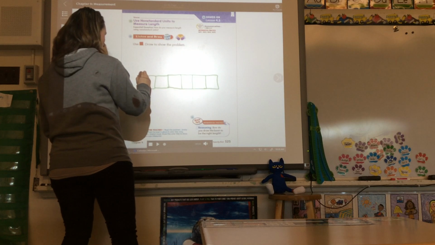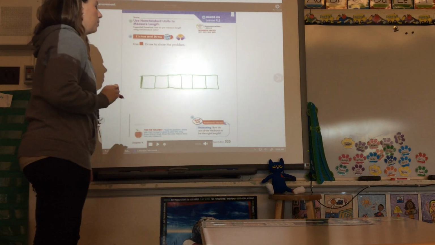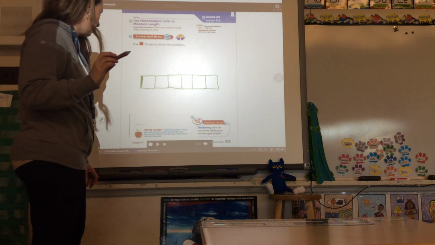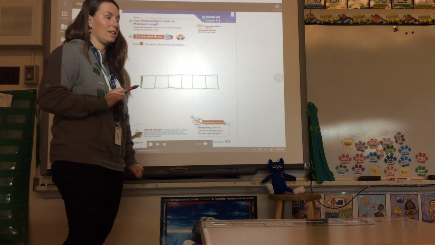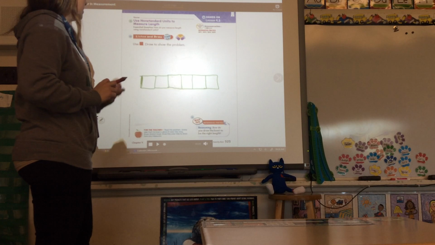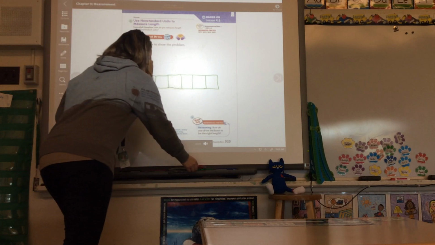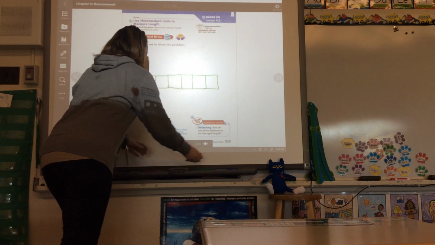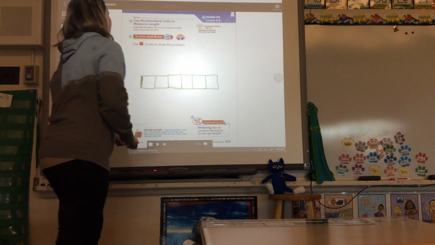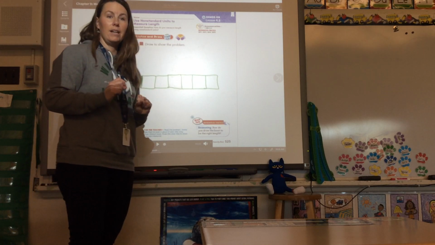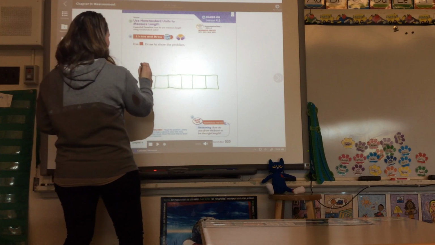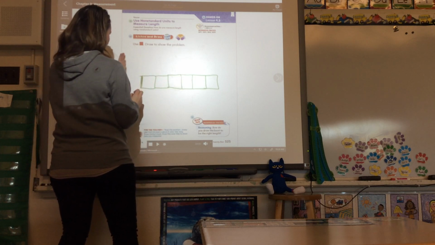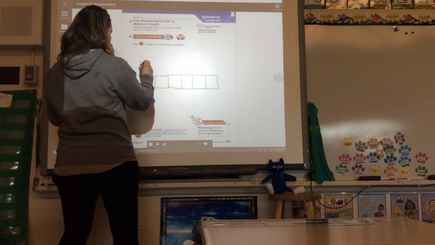Okay. All right. And now above that, I need to draw a boat that is exactly the length, or about 6 color tiles long. My boat is going to kind of look like a sailboat canoe. So I'm going to start over here, and remember to line it up here on the end.